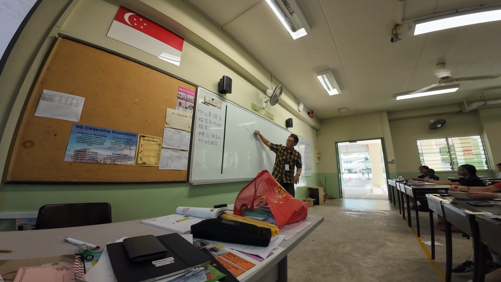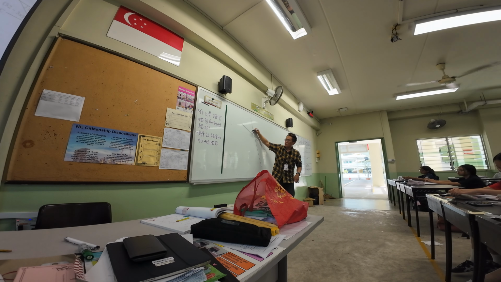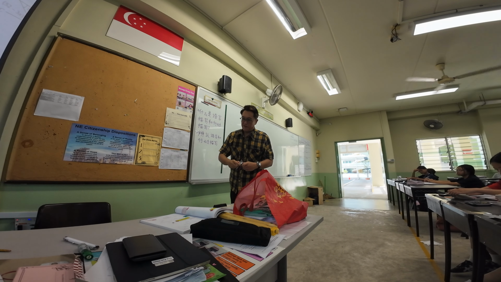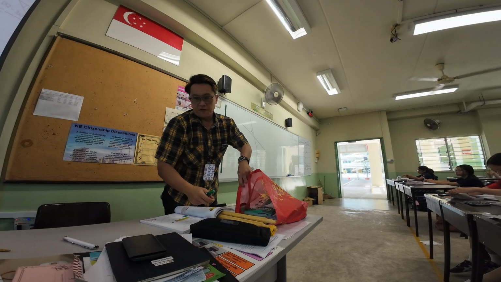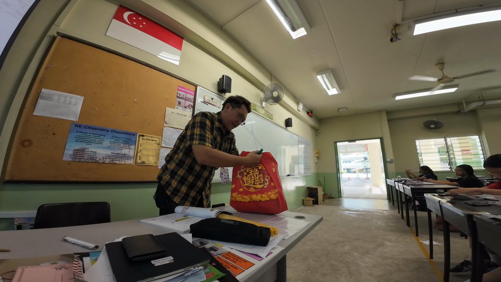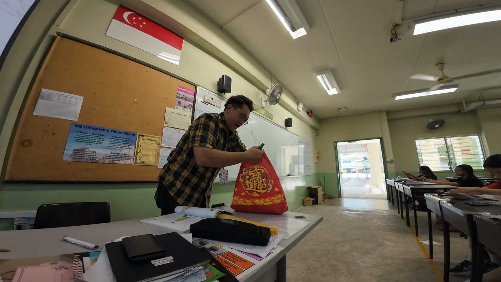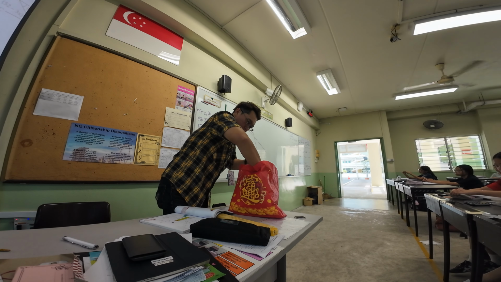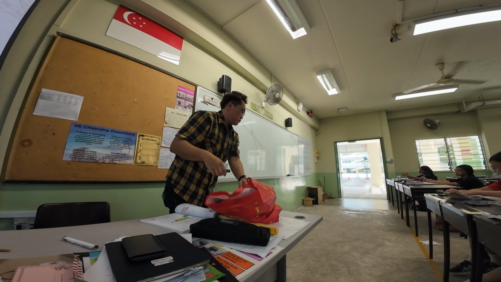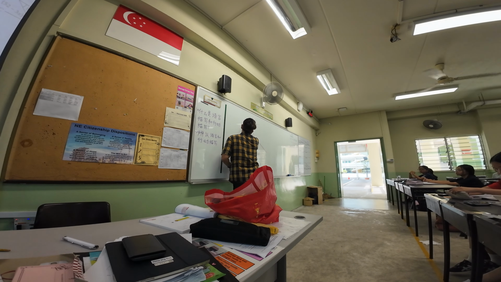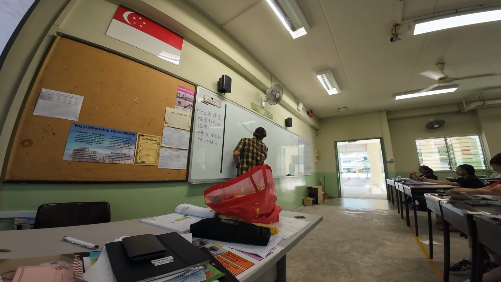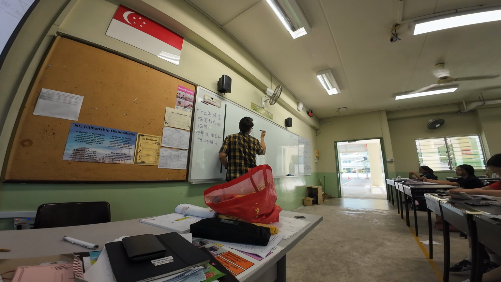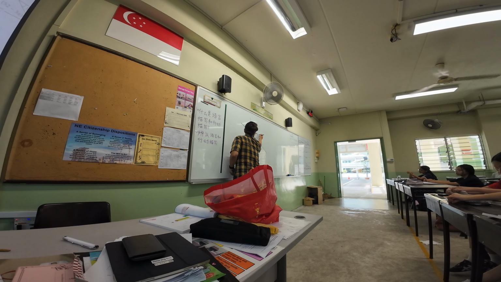So if I know this one is 30, then if I use my property of adjacent angles on a straight line, I will know that if I use this line, adjacent angles on a straight line, so this and this make up 180, meaning this one is 150.